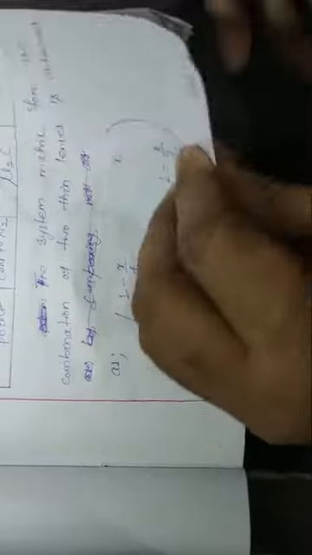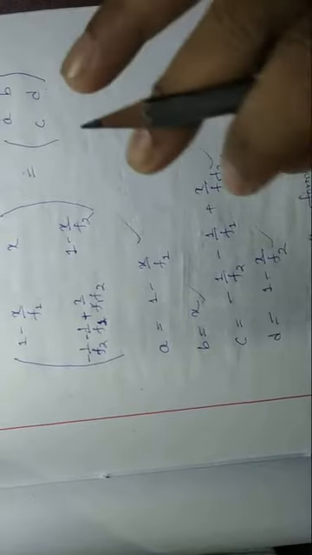So by comparing this, our system matrix with the ABCD form, A equals, B equals, C equals, D equals. So we found ABCD for the combination of two thin lenses.